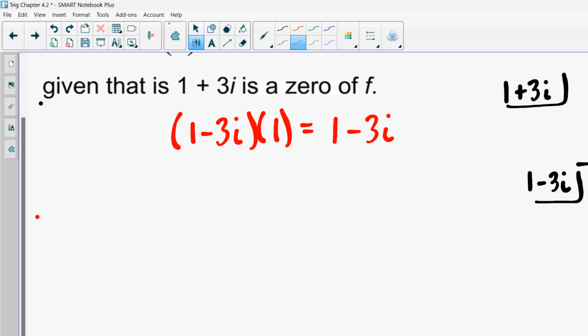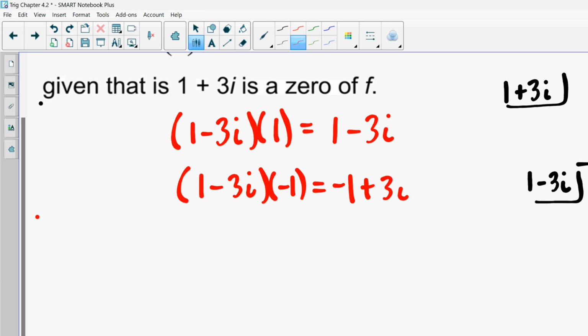So our next one is 1 minus 3i times negative 1. 1 times negative 1 is negative 1. Negative 3i times negative 1 is plus 3i. Again, add straight down. Negative 5 plus negative 1 is negative 6. Negative 3i plus 3i is, again, 0.